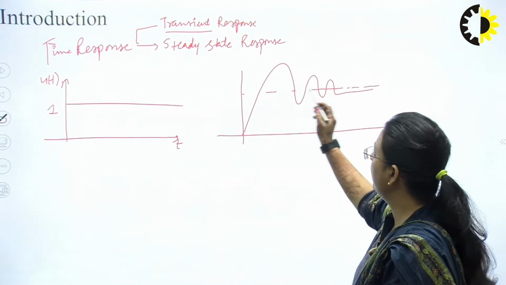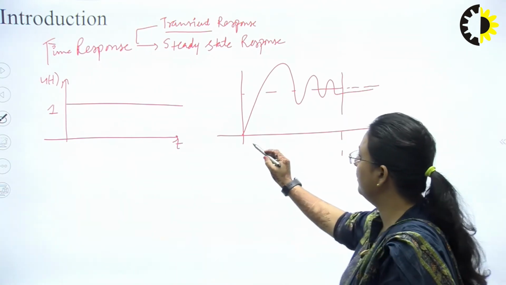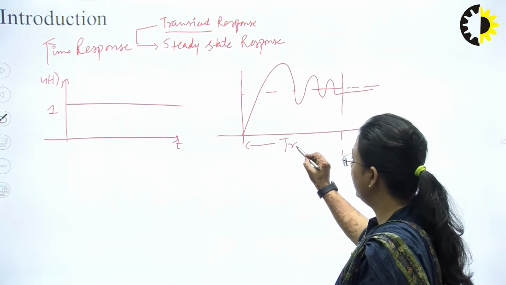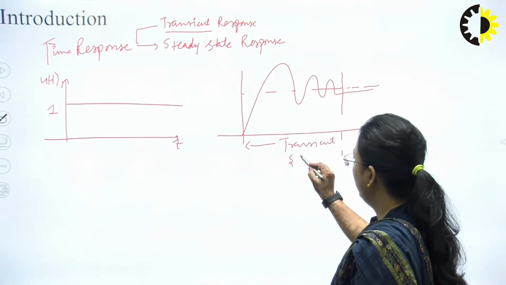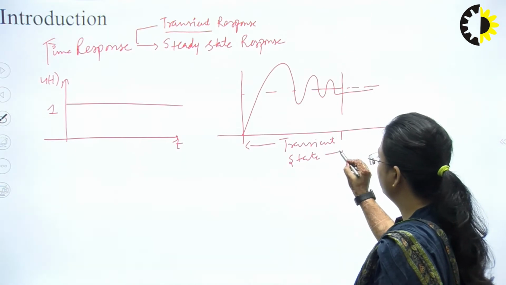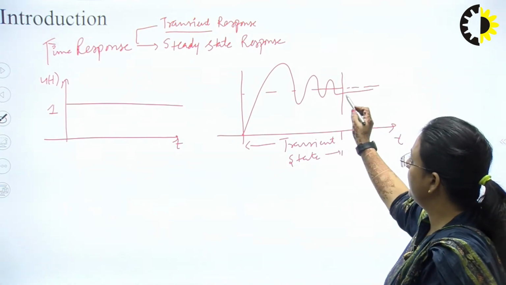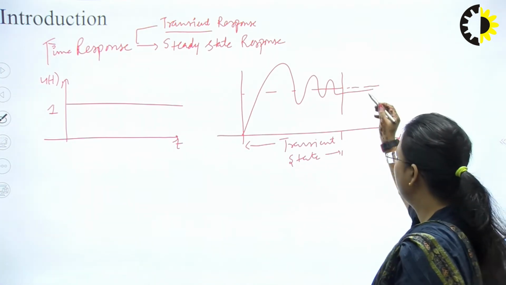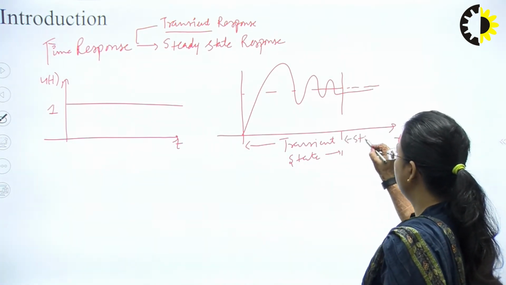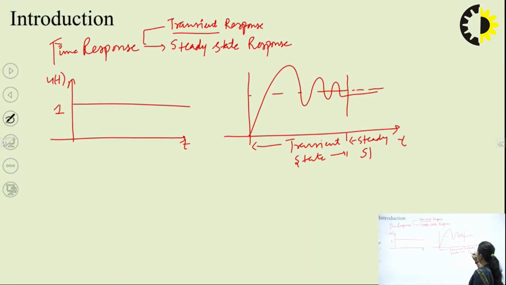You can see this is the initial part of the system, which is called the transient state. Here I am getting the transients in the initial part. When the output tries to settle down with the passage of time, as time approaches infinity, this state is called the steady state. And in the steady state only we will get the steady state error.